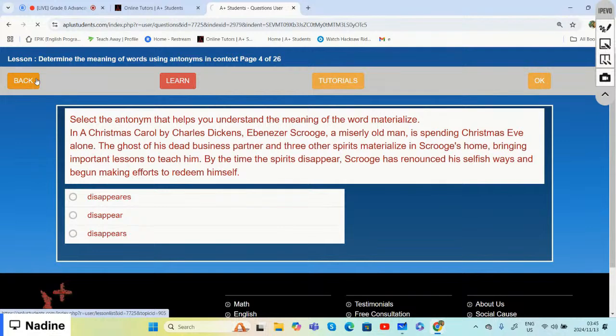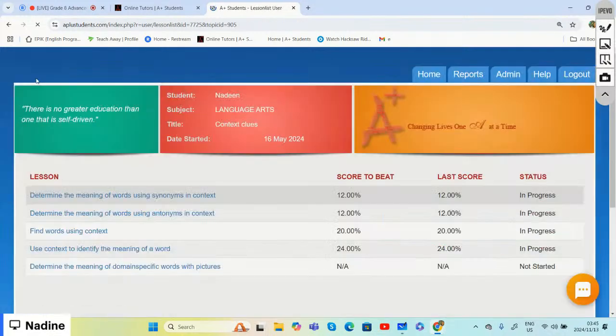All right, so this is now the end of our lesson on context clues. We had to determine the meaning of words using synonyms in context as well as antonyms in context. And if you are unfamiliar with certain words or with certain contexts, right?